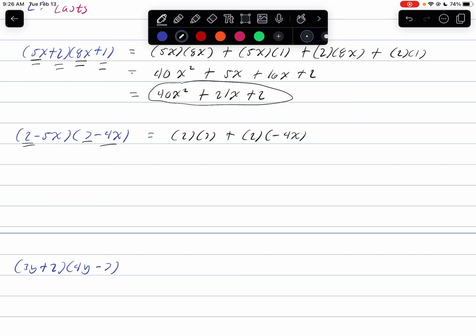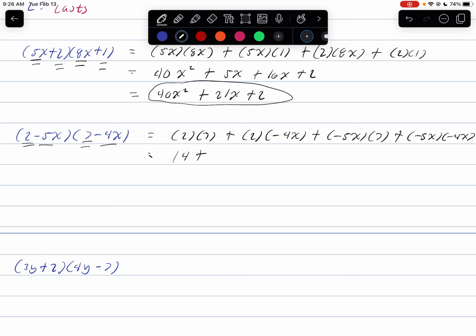And then our inners are negative 5x and 7, so plus negative 5x times 7. And then our lasts are negative 5x and negative 4x. Okay, so 2 and 7, that's going to give us 14.